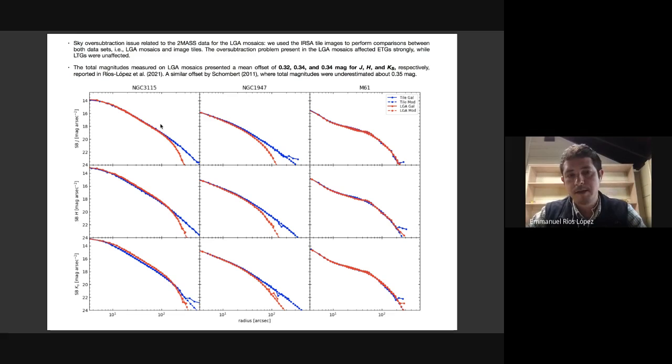So we see that for early type galaxies, this effect is present. That's why in the first two columns we see this mismatch between the two profiles. While for a late type galaxy in the third column, for instance a spiral galaxy, we see that both profiles match very well.